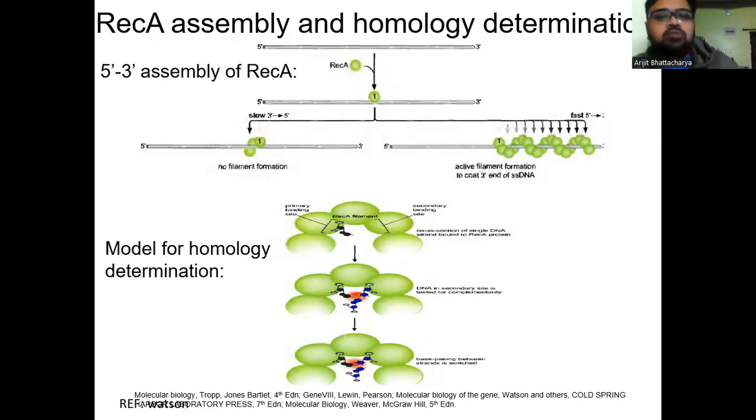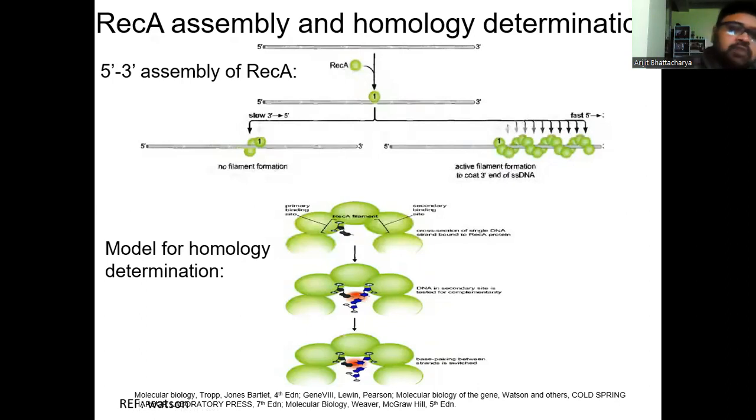One is that following identification of the double-stranded DNA by RecA, it can assemble in a slower manner when this RecA multimer progresses towards the 5' end. So if this movement is 3' to 5', it would be slow. On the contrary, if this movement is 5' to 3', that means if the RecA multimer assembles in this way, they can form the filament quite faster. Okay, so this is how RecA can assemble on a DNA.